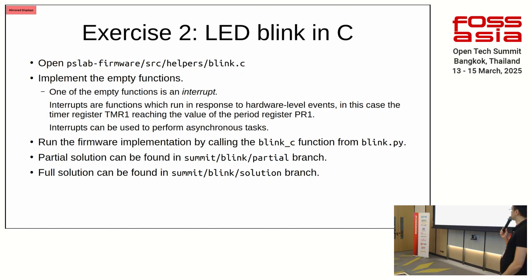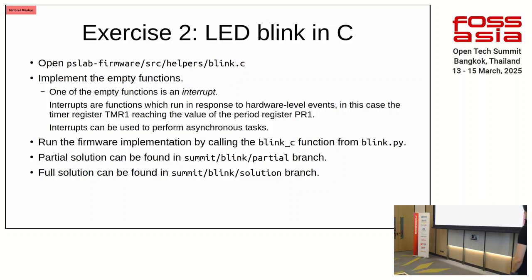Once those registers are equal, the timer 1 interrupt will trigger and run whatever code you put into it. And that code is then what should be actually causing the LED to blink. So interrupts can be used to perform asynchronous tasks, like I mentioned, leaving the PSLab available to do other tasks at the same time.